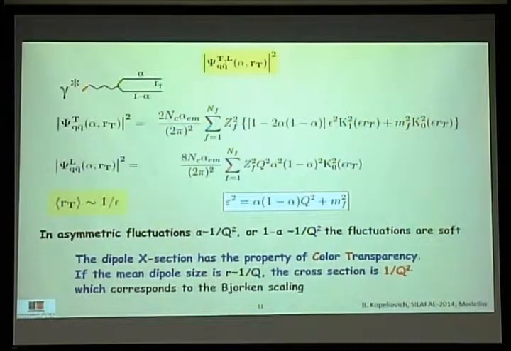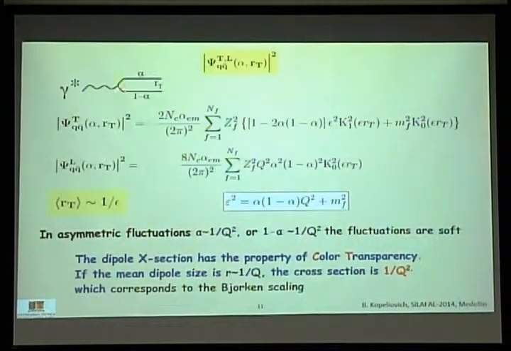It was actually done many years ago, the first time by Bjorken and Kogut in the beginning of the 70s. And it depends on the polarization of the photon. For transversely and longitudinally polarized photons, they have different shapes.